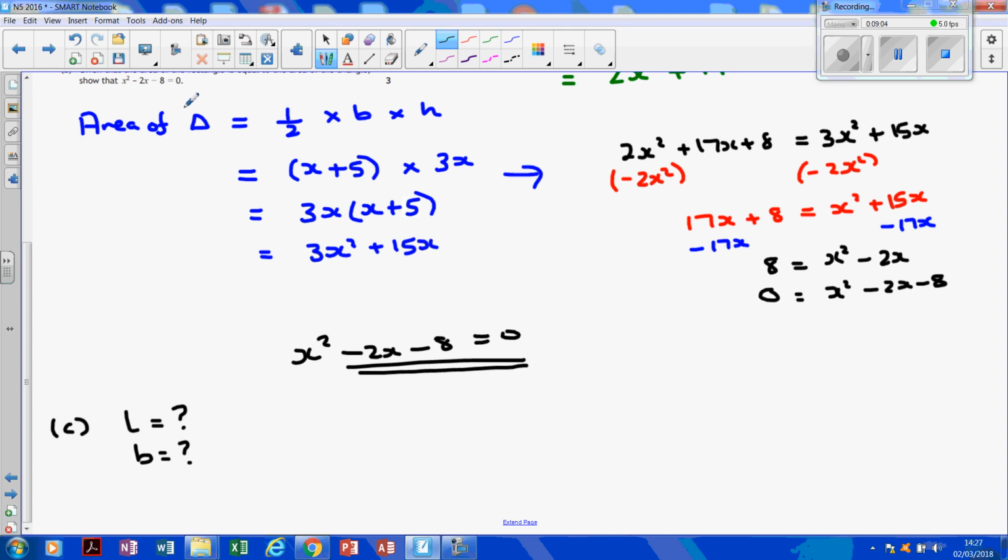Now, to solve an equation like that, you factorise first and you make each bracket equal to 0. So I'm going to factorise this first. You get your product, which is 1 times minus 8.